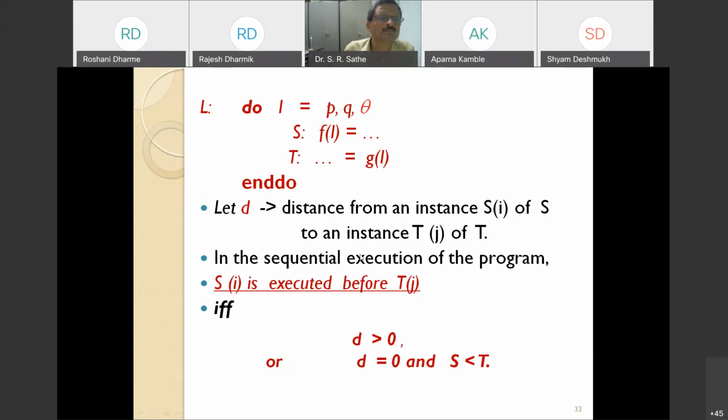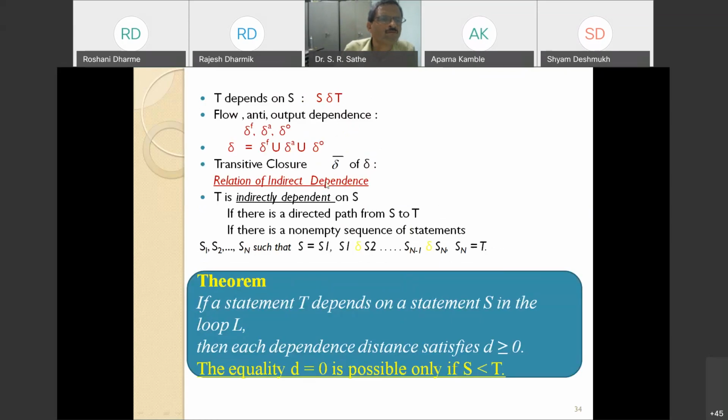T depends on S is written as S delta T, and we have also seen flow, anti, and output dependence. Now, what is the transitive closure delta bar of delta? It is a relation of indirect dependence.